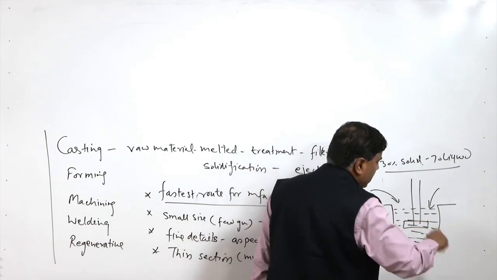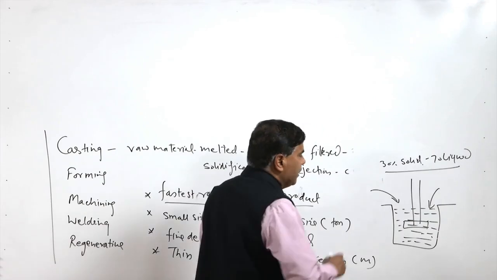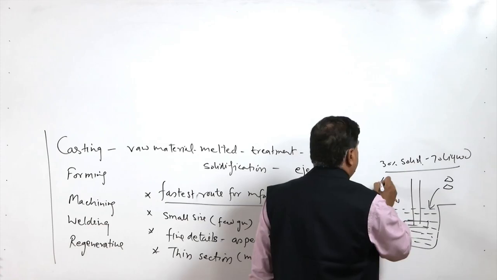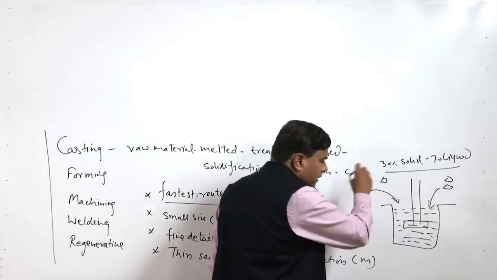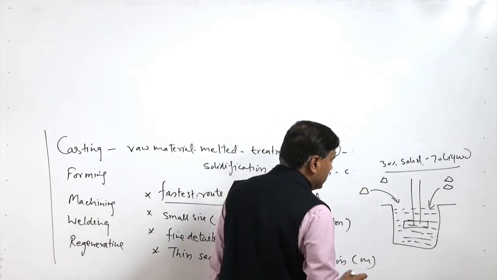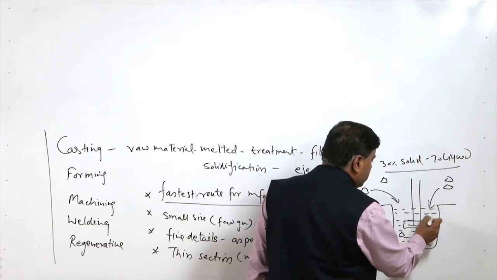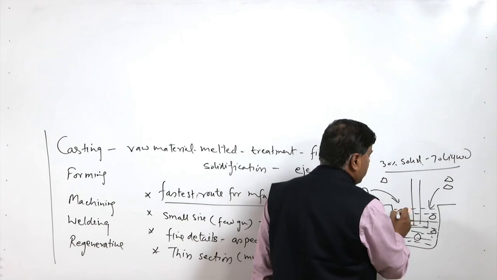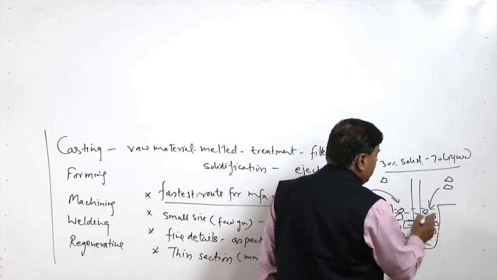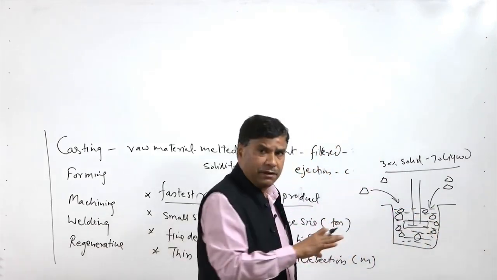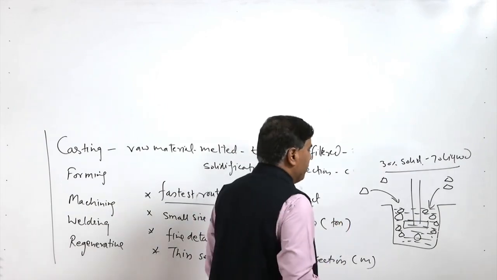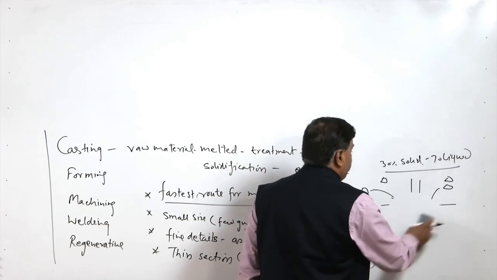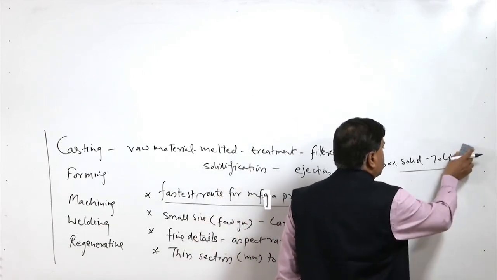This molten metal is stirred, and then we feed in the ceramic particles or any other particle which is to be reinforced, so that it gets distributed into the semi solid metal, and then it is allowed to solidify, and that is how this casting is also used for making the composites.